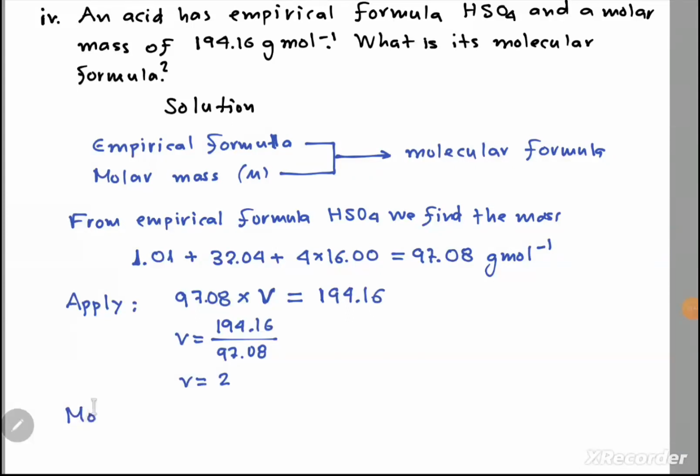So, we have the molecular formula, which is hydrogen 2, sulfur 2, oxygen 8. You must remember that the empirical formula has the smallest whole number for each element, but the molecular formula has the exact number of each element in the molecule.